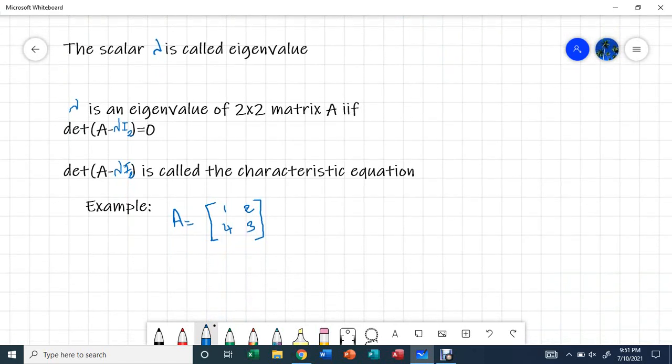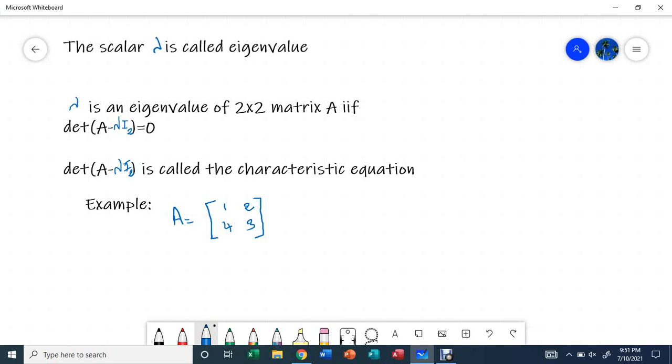Let's finish with the definition here. The determinant of A minus lambda I2 is called the characteristic equation. So let's apply this definition and see how we can find the eigenvalues and eigenvectors of the given matrix A equals 1, 2, 4, 3.